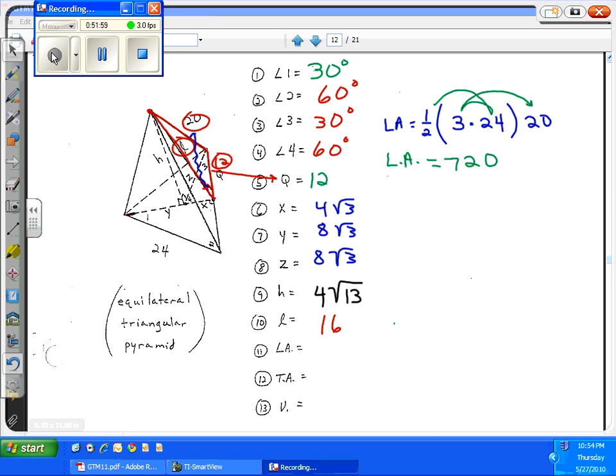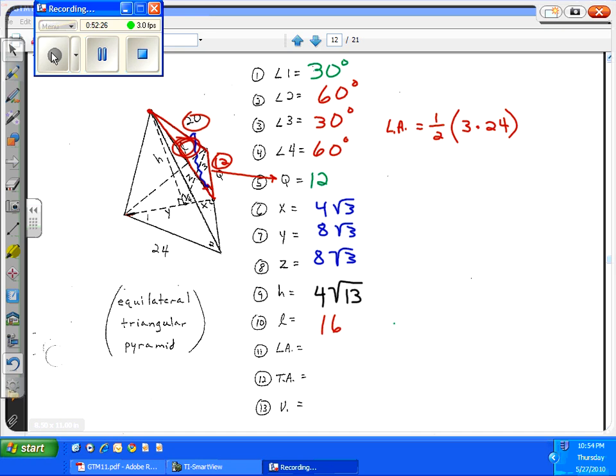Whoops, the slant height wasn't the 20. I apologize. I'll do that again. So lateral area is equal to 1/2 the perimeter of the bottom. The bottom is an equilateral triangle, so we have 3 sides each at 24, times the slant height.